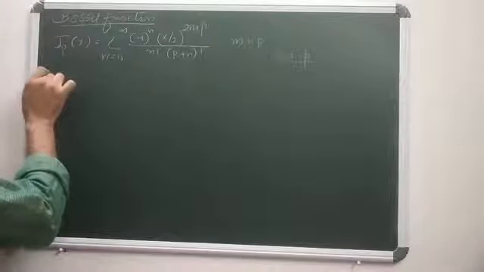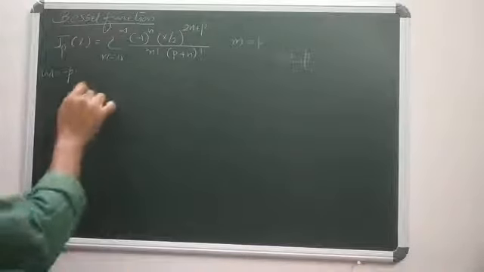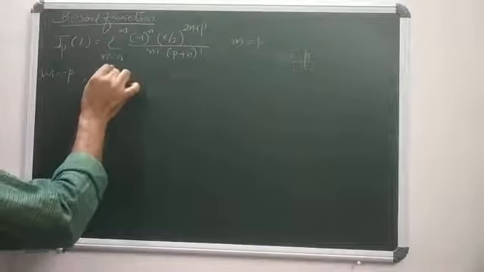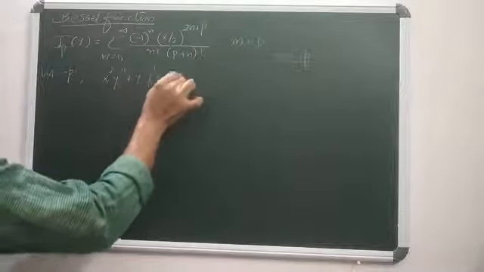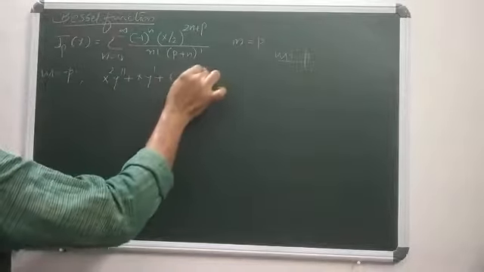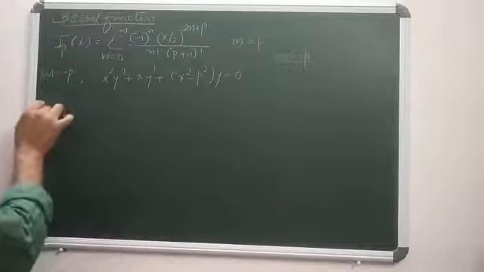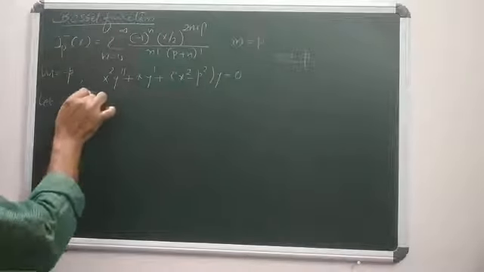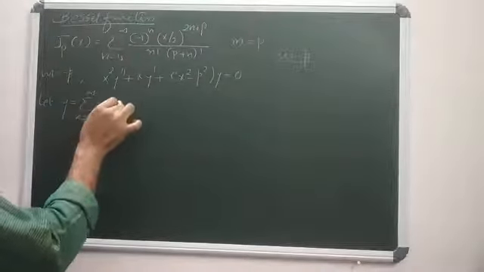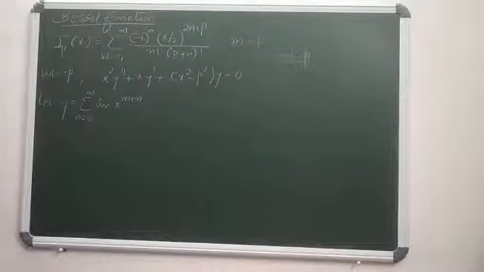So when m equals minus p, then as usual we know that x squared y'' plus x y' plus (x squared minus p squared) y equals 0 is the Bessel equation, and we assume y equals sigma n ranges from 0 to infinity a_n x to the power m plus n as the required solution.